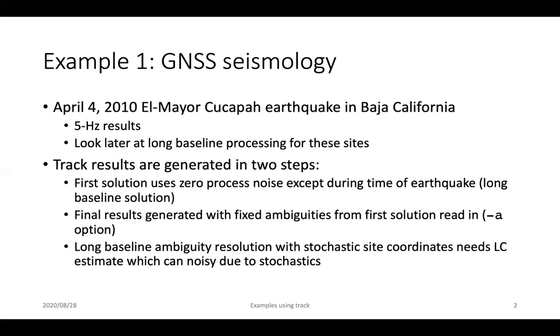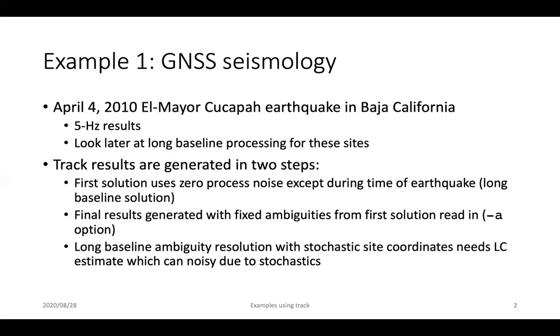The Track results here are generated in 2 steps. The first step uses 0 process noise. So essentially it fixes the position of the sites except during the time of the earthquake. So we keep the sites static, fixed, unless we are at the time of the earthquake, in which case the sites are allowed to move.